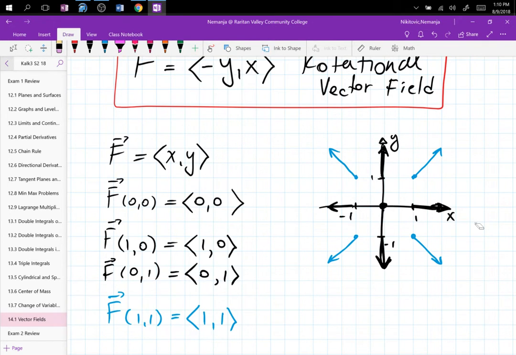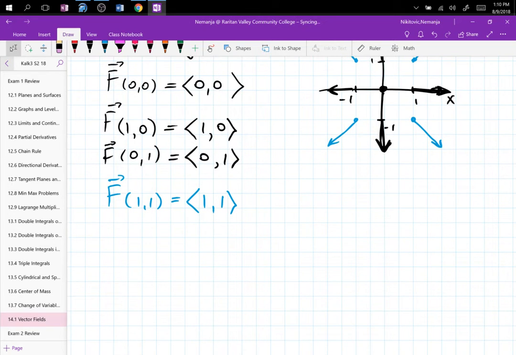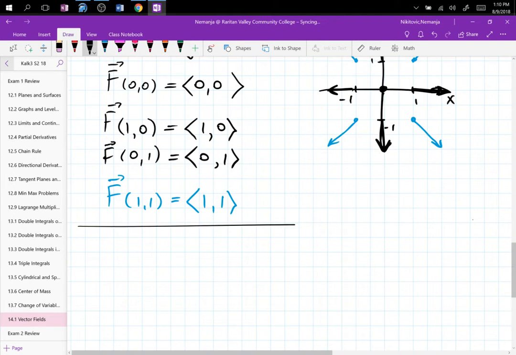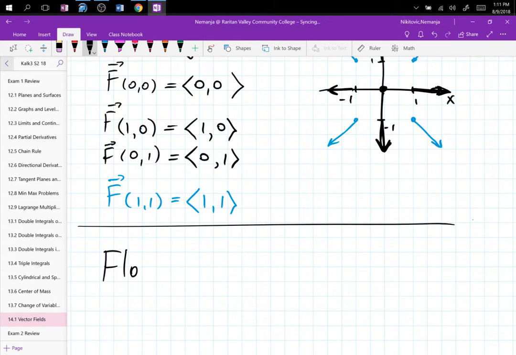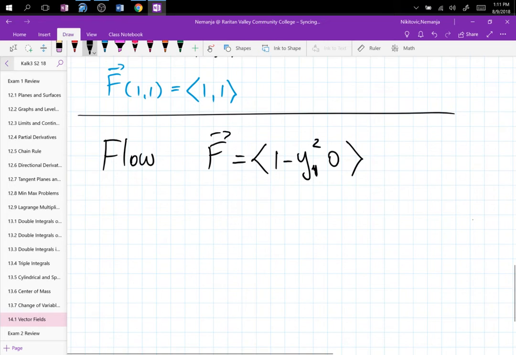Here is another example. The book gives you the example of a flow, and then shear, but the channel flow is a good one. So the flow vector field is given as (1 minus y squared, 0). What you get is exactly what they promise, a flow.